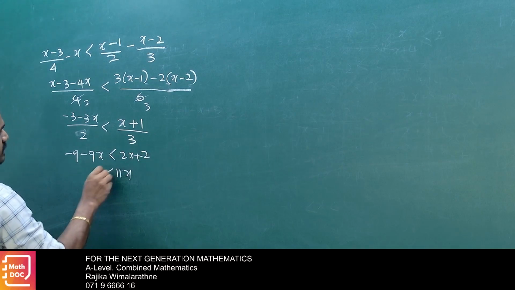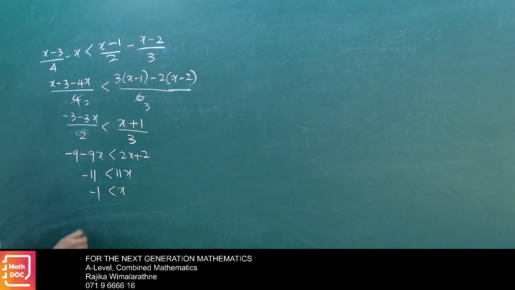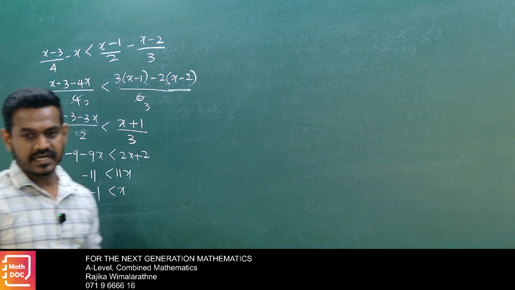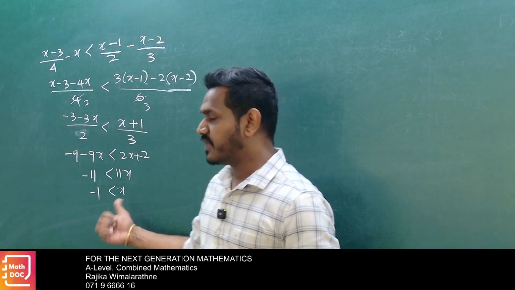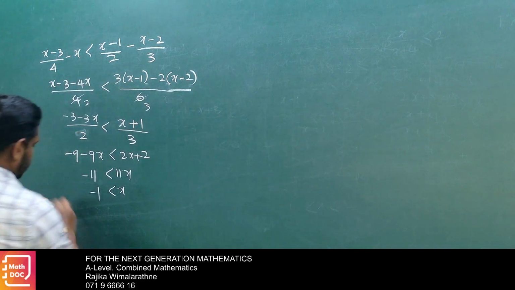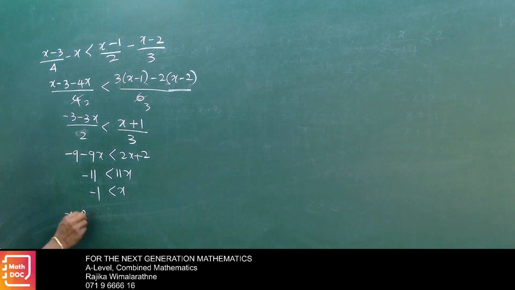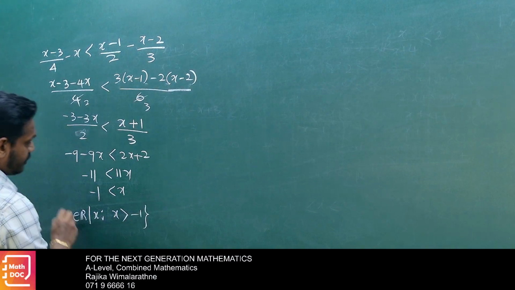Here 11x greater than minus 11, so x greater than minus 1. Okay. Finally, you write within curly brackets the final answer: x element of the real numbers such that x is greater than minus 1.